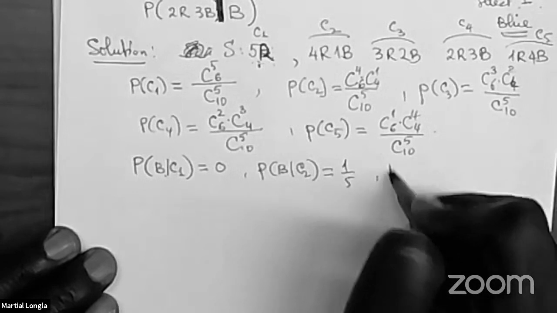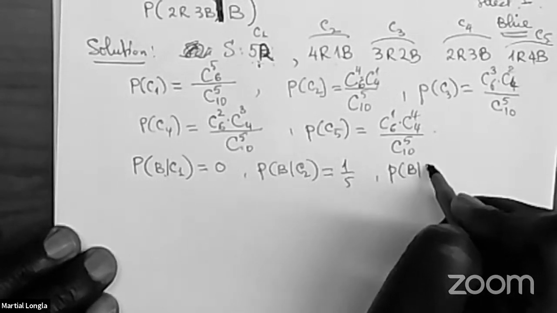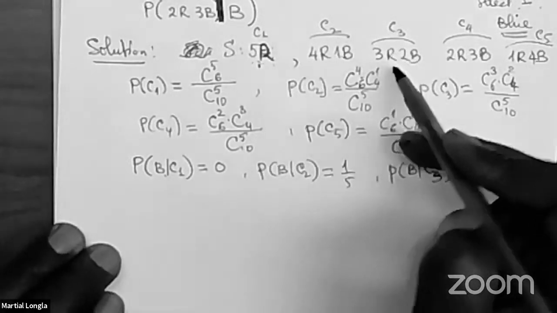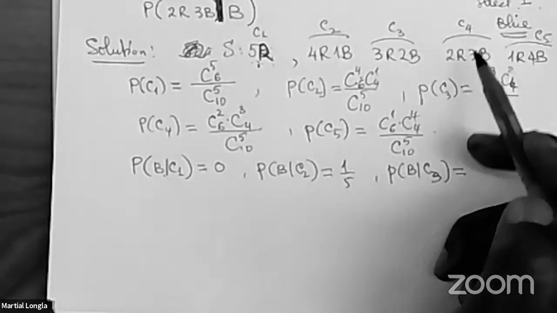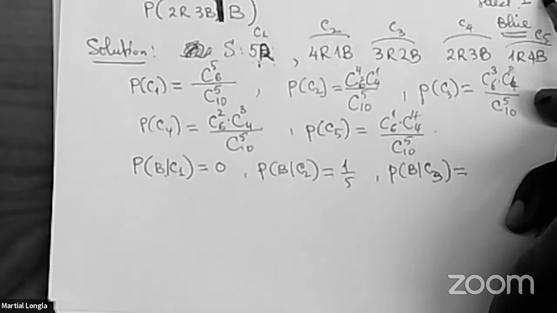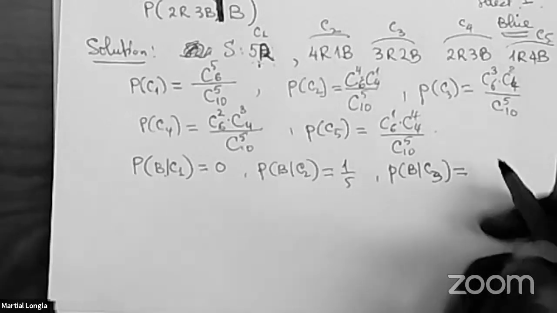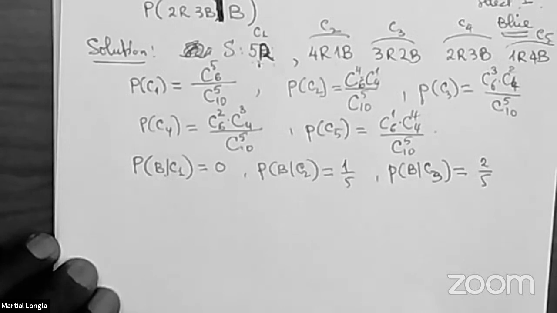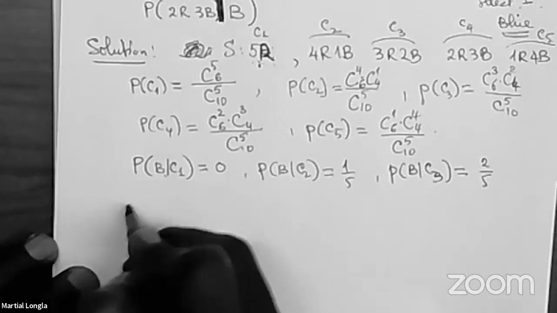Probability of B given C3. C3 says take 3 reds and 2 blues and put in there and select 1. What's the chance of having a blue? 2/5. Does everybody follow? 2 out of the 5.